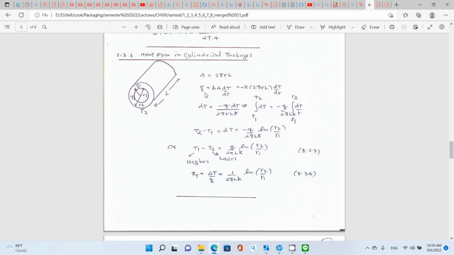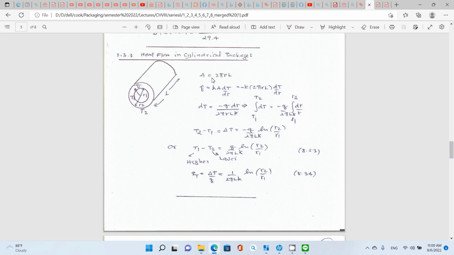Where you apply the same equation, Q equal to KA dT by dr, because the heat transfer is along the radius, and A equal to 2 pi RL, right? If you cut, this is going to be rectangular. So that becomes 2 pi R, that's the circumference, and the length.